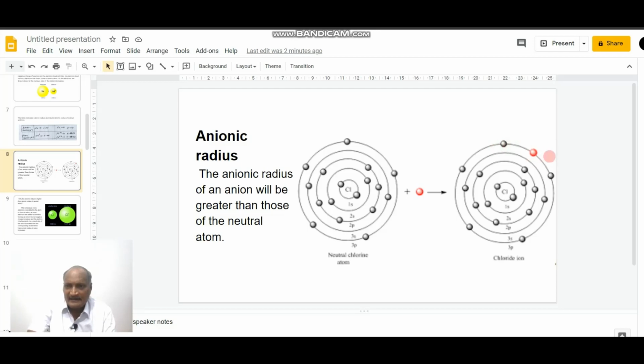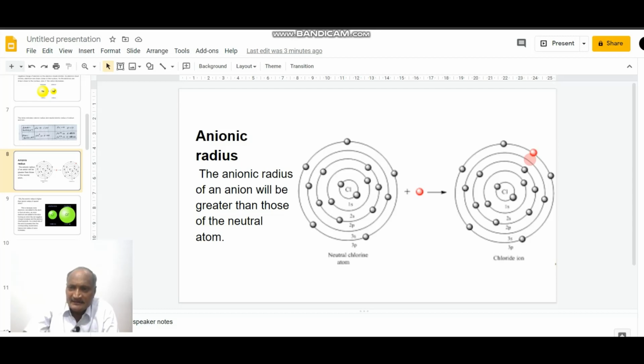As the net negative charge increases, the electrons are pulled towards the nucleus. As one electron is added to the neutral chlorine atom, the net negative charge over the chlorine increases, forming a chloride anion.